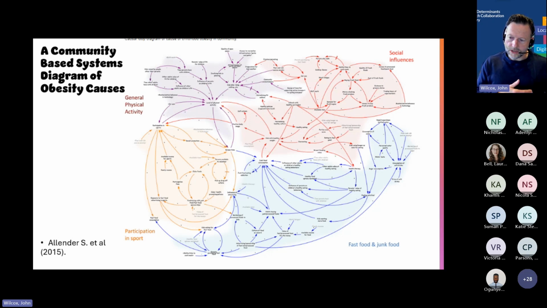If we intervene in a certain way, we can document on the system map where the ripple effects have been. And if we've got a big program of public health work where, for example, we're doing work on participation in sport, maybe some initiatives in fast food, something about the social influencers and other things, we can map out where we've got all these interventions and points of leverage.